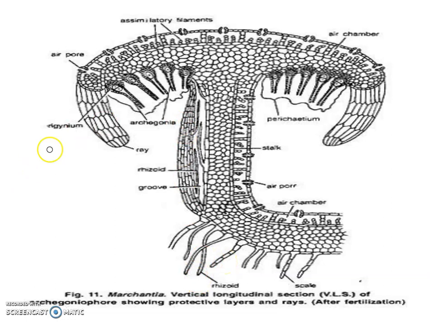When we take a section of the archegoniophore, there is a formation of archegonium. Here there are 1, 2, 3, 4, 5 archegonia developed on this side.